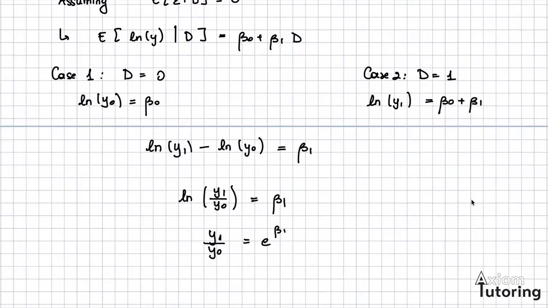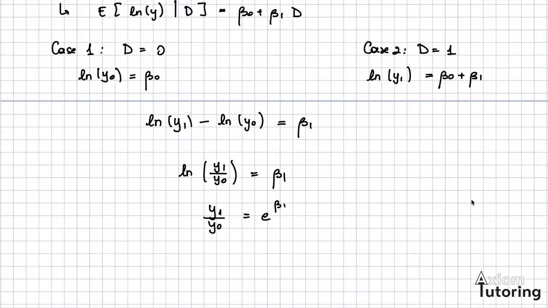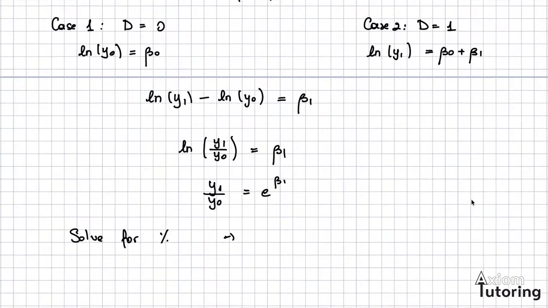And obviously, if you want to solve for percentage, just like we've done before, you're going to have the fact that the percentage difference is just y1 minus y0 divided by y0, which is simply e to the power beta 1 minus 1. And finally, as a percentage, this would be multiplied by 100%.